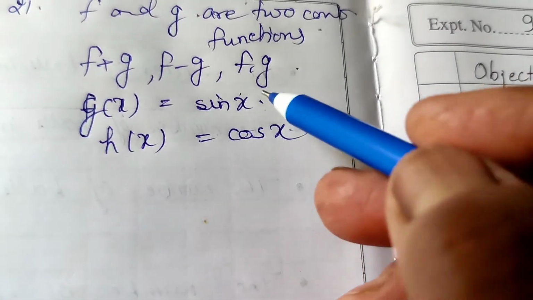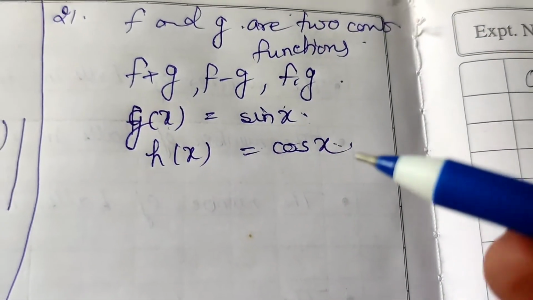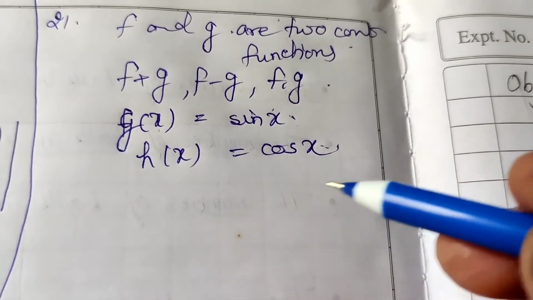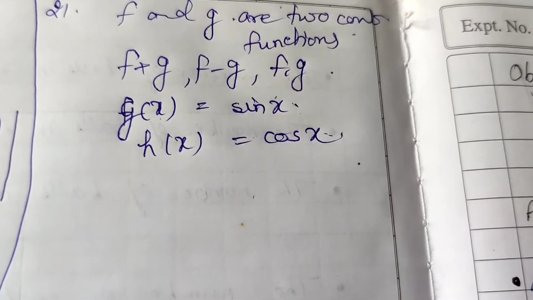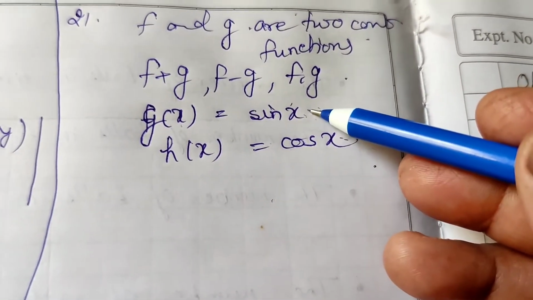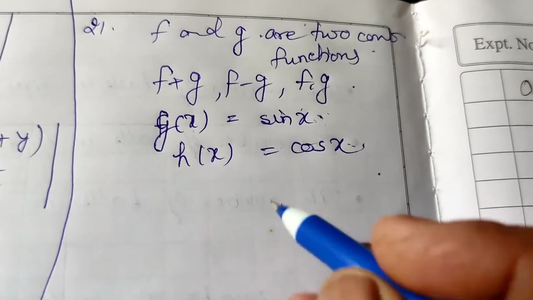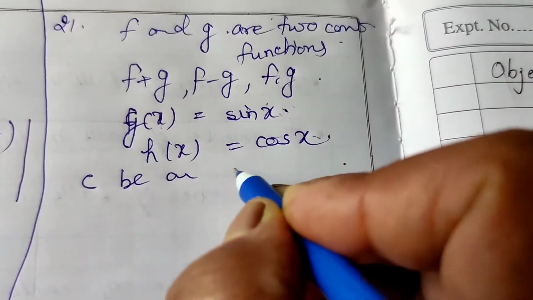If these two functions sin x and cos x are continuous, then all the functions sin x plus cos x, sin x minus cos x and sin x into cos x are also continuous. So first we have to prove that sin x is continuous. Okay. So now take a point c.